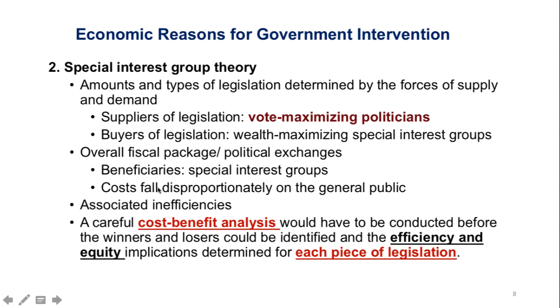So this may be targeting equity, but it's going to create some inefficiency in the market, because people say, why do we have to pay for those people? They cannot, for example, work.